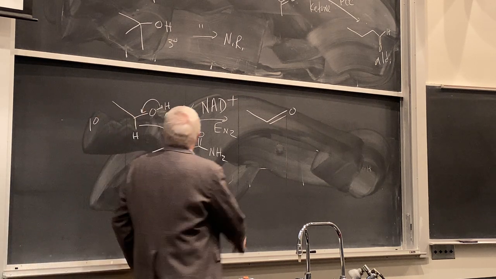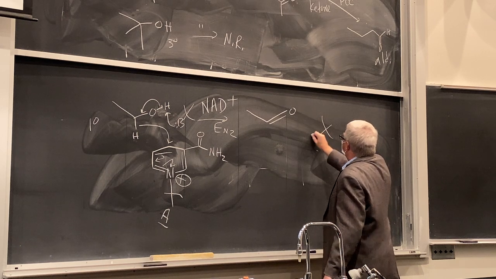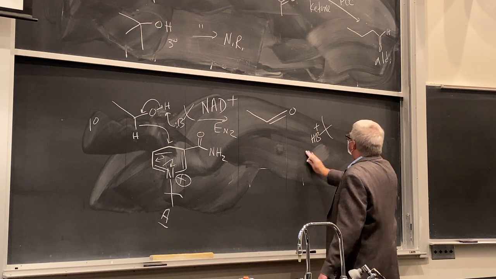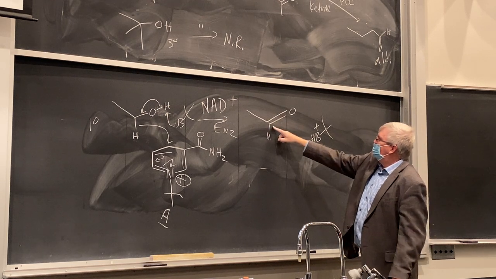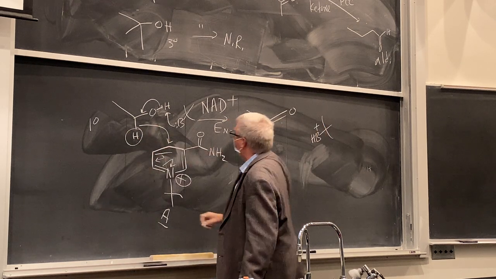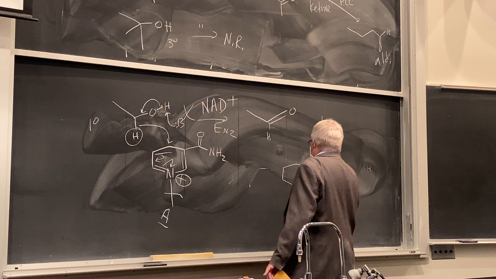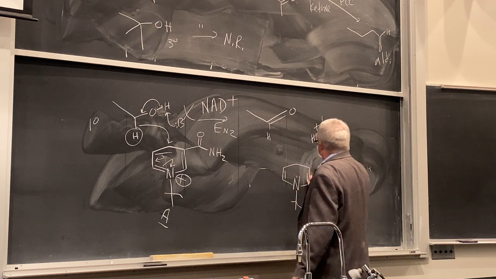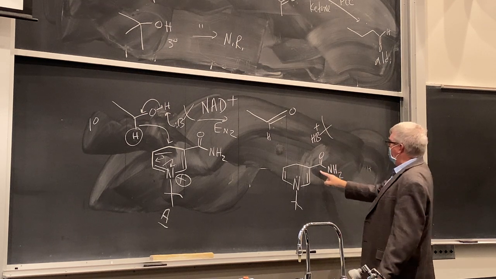But let's see the result. If we take that proton off, our enzyme gets protonated. And what happened? There's our substrate. We took one of these hydrogens right here. Let's circle that one. Where did that one end up? It ends up on the nicotinamide, which has an amide there.